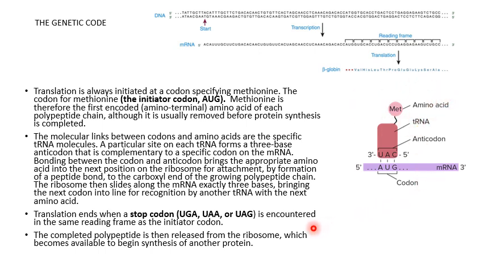And as we mentioned earlier, there are three stop codons. So whenever the reading frame reaches UGA, UAA, or UAG, the translation process will stop, and then the completed polypeptide is released from the ribosome, which is available to begin the synthesis of another protein.